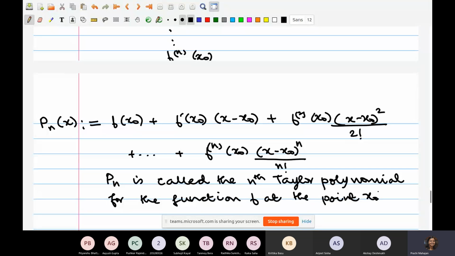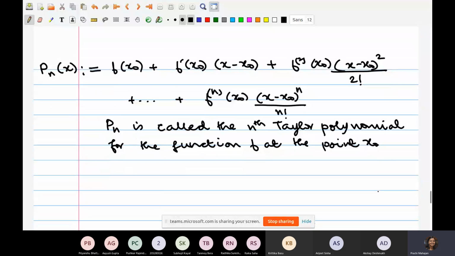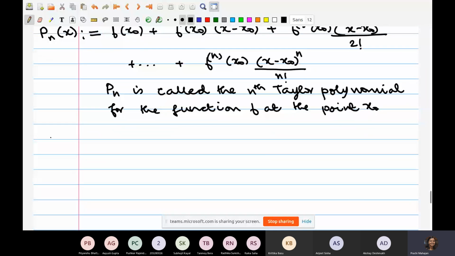Okay, with this information, let me state Taylor's theorem, and maybe I'll say a word about what this theorem is actually telling you.